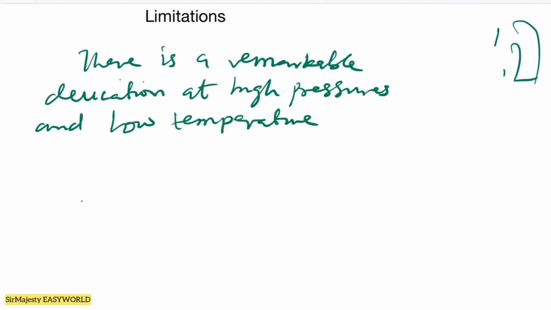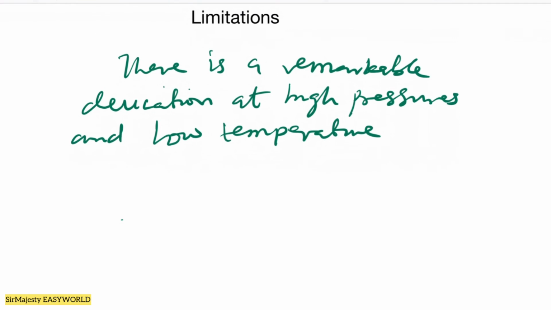This law is only perfect when the temperature is high and the pressure is low, such that the gas is assumed to be in continuous motion. But if you compress this gas at a very high pressure and low temperature, Boyle's law shows a lot of deviation. So the limitation is that the deviation is very much at the conditions of high pressures and low temperature.